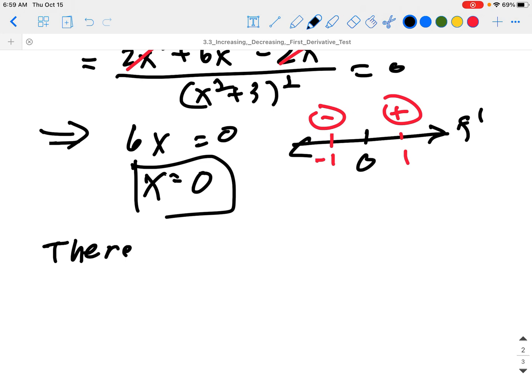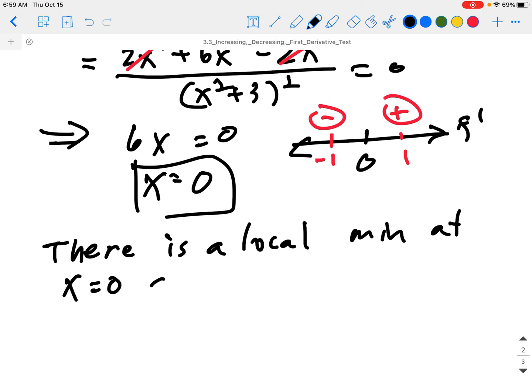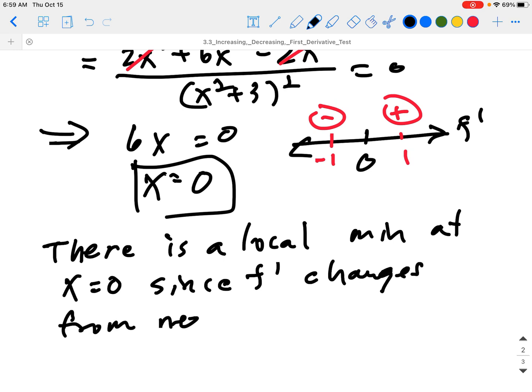Okay, so then I can write a quick justification. So there's a local min at x equals 0 since f prime changes from negative to positive at x equals 0.